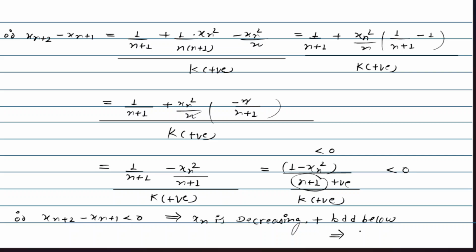Therefore xn is convergent. Also we know that xn is bounded and xn is convergent.